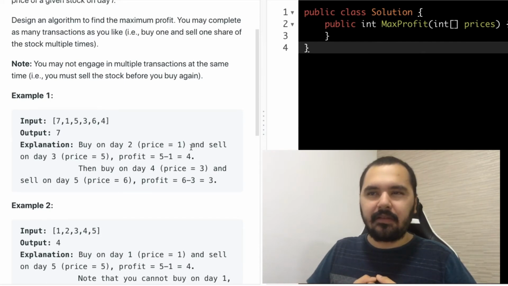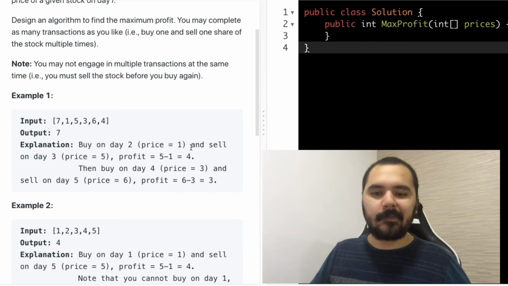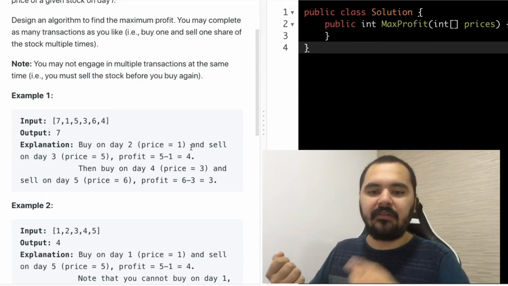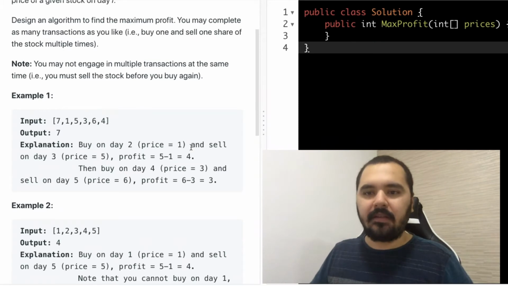And as I can do this more than one time, I need a variable to save the profits. So if I can get more profit, I can just add the new profit into this variable. And I think that's the solution.